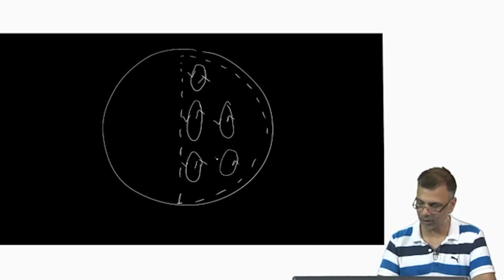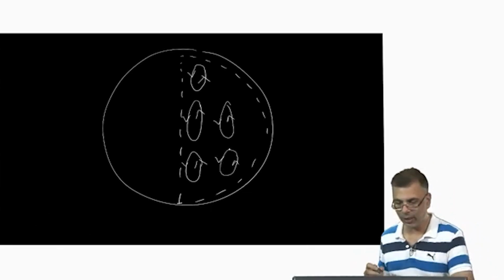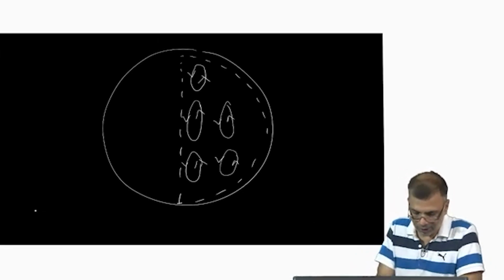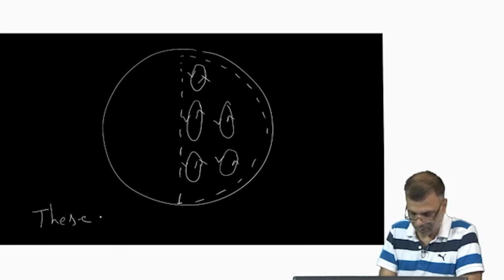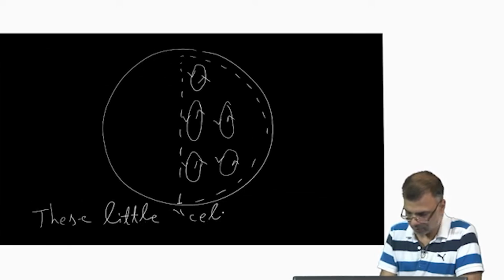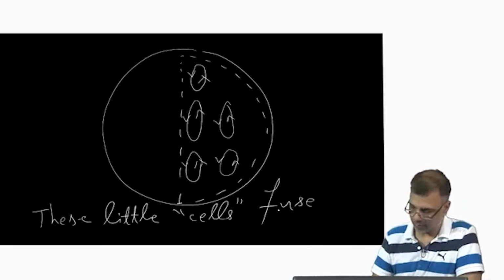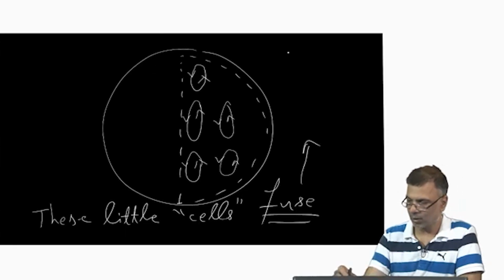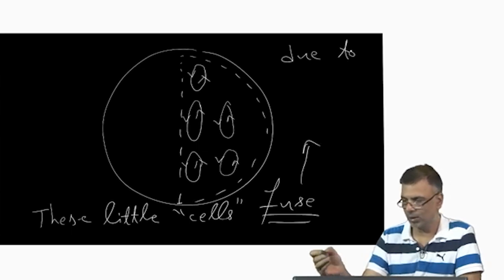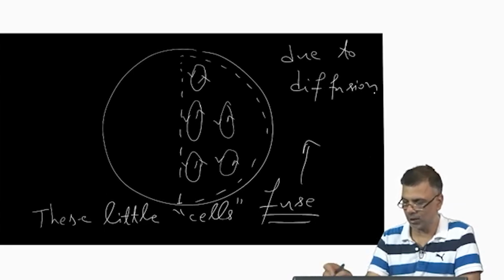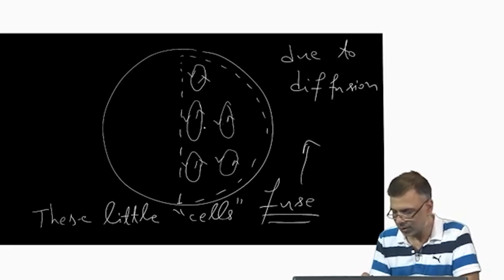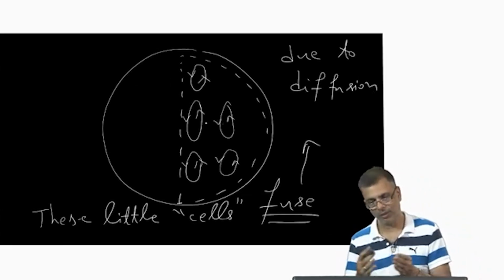These are little convective cells deep inside the solar atmosphere, and what happens is these convective cells, each of these guys, fuse due to diffusion. In other words, the boundary between this cell and that cell kind of merges, they fuse.